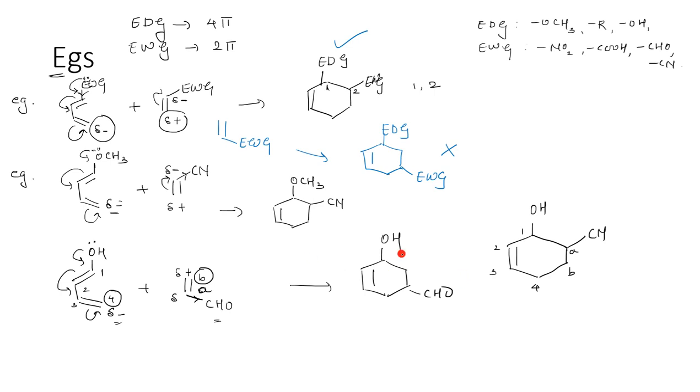Okay, right? Now let's change the position of the electron donating group. For example, our electron donating group is over here, and this is the normal position of the electron withdrawing group. So what is the electron donating group doing? It's donating electrons. Now since this is conjugated, these electrons shift over here. So this is where you will get more negative charge.